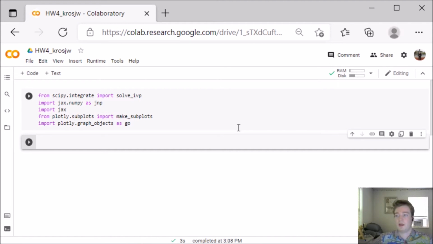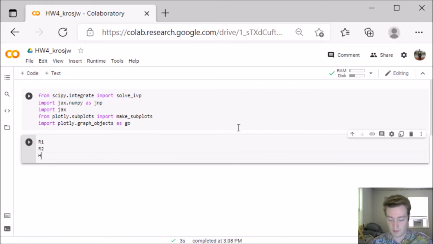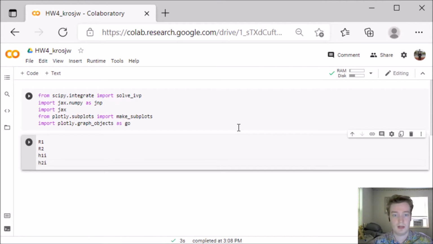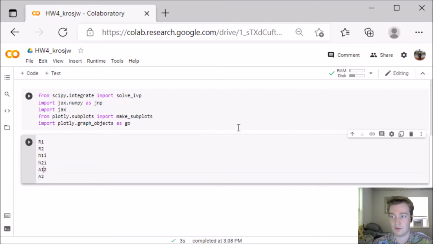All right. So now we can start with the initial conditions we were given, like the radius, the cross-sectional areas, and the initial heights. So we'll start with the radii. So we have R1, we have an R2, we have an H1 initial, make that lowercase, H1 initial, H2 initial, area, cross-sectional area of the pipe from 1 to 2, and area of 2.